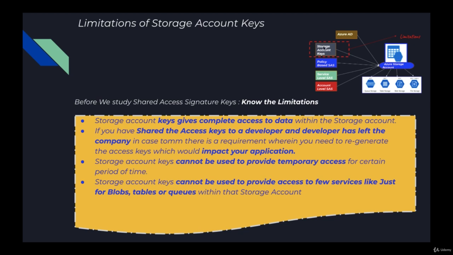But there are certain limitations associated with the storage account keys, and that is the reason we should use shared access signature keys, which are service level or account level, to provide granular access to the resources within the storage account. So before we dig deep into the shared access signature keys, we need to know the limitations.